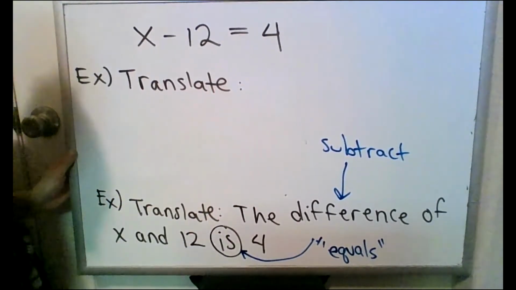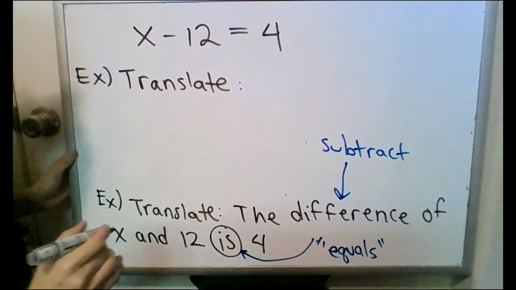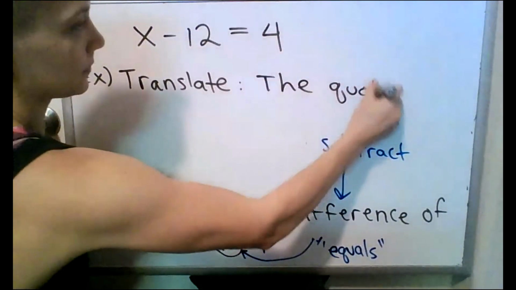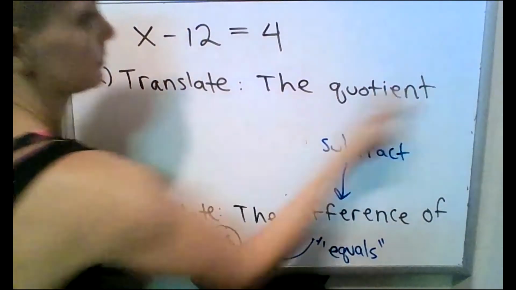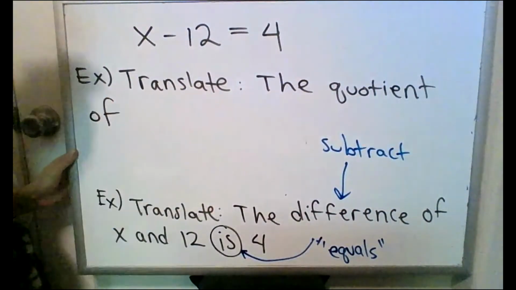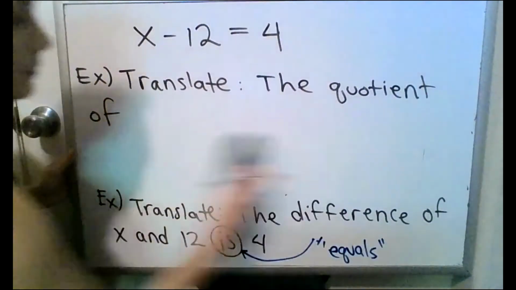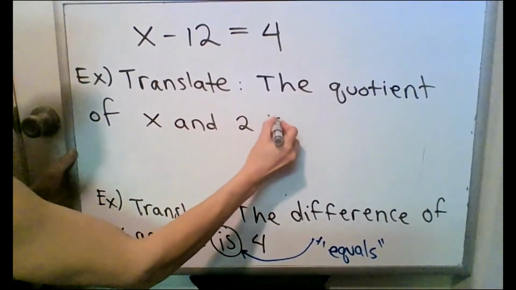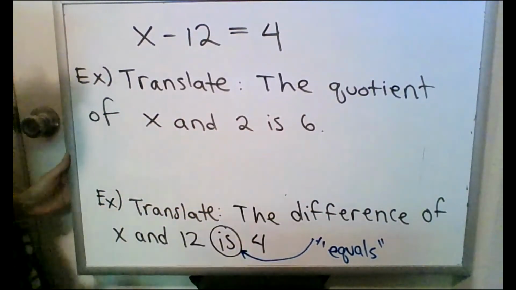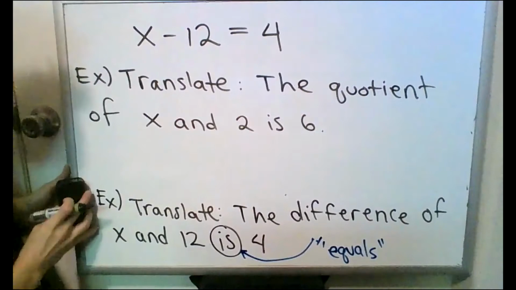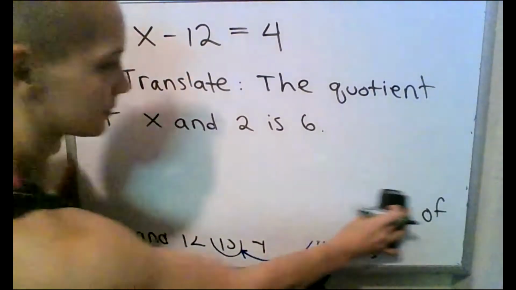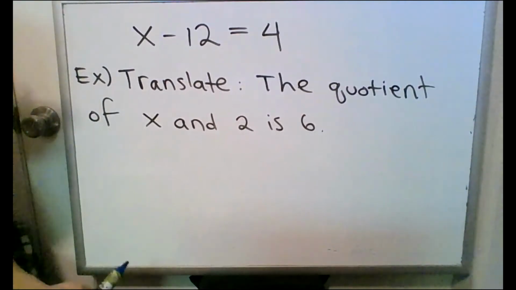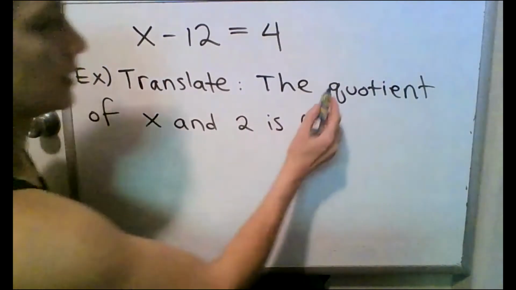The quotient of x and 2 is 6. So for quotient, we're going to divide.